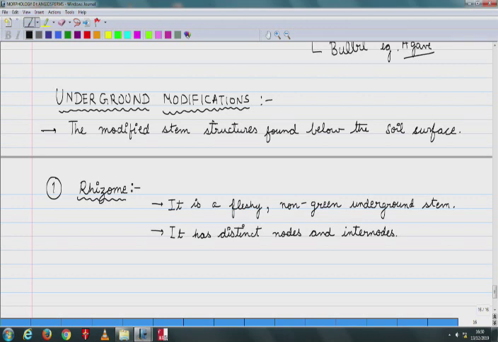I'll just write it in the form of a simple statement. How will you confirm that it is a shoot and not a root? Because it is underground, people can mistake it for a root. How will you confirm it?